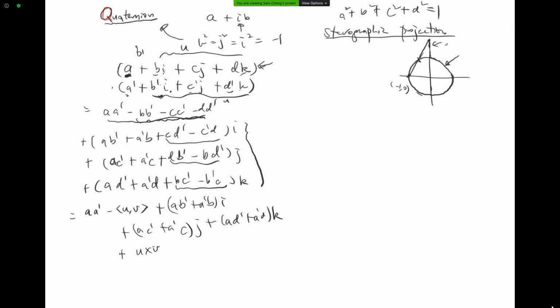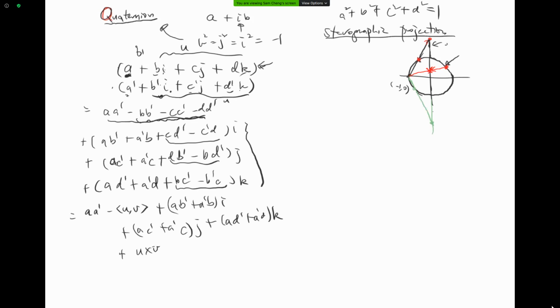For example, if I have a point here, it projects to here. If I have a point here, it projects to here. If I give another point here, it will project to somewhere here. And this is for the complex number.